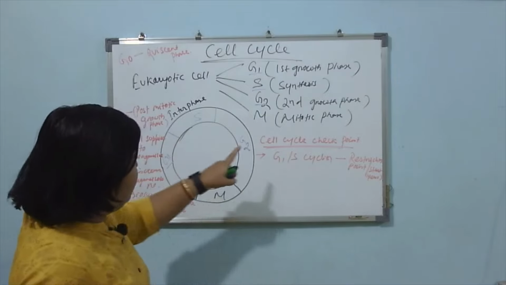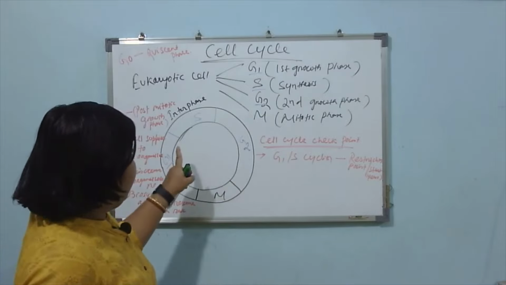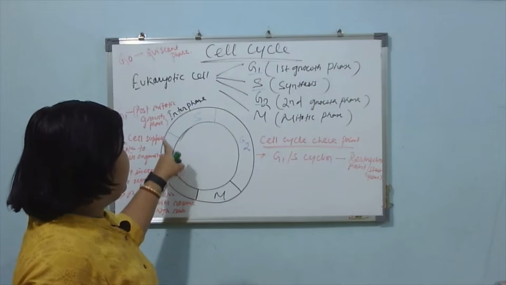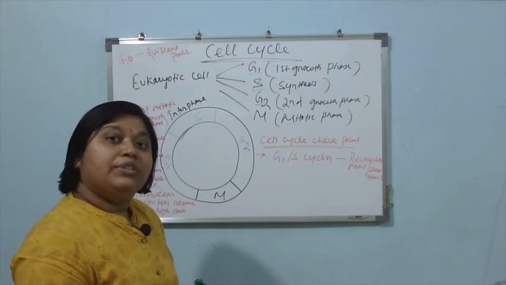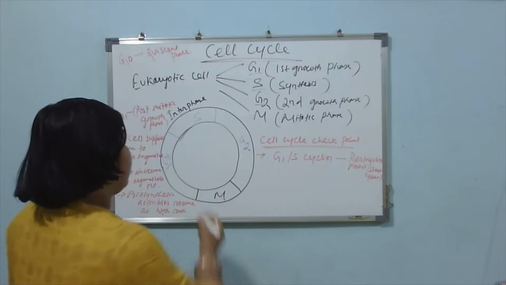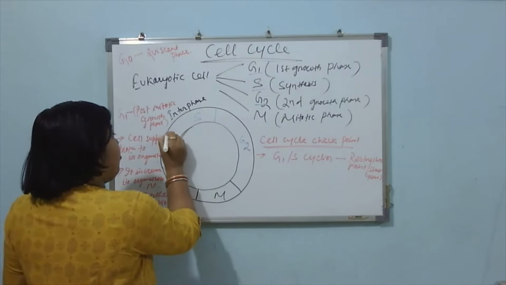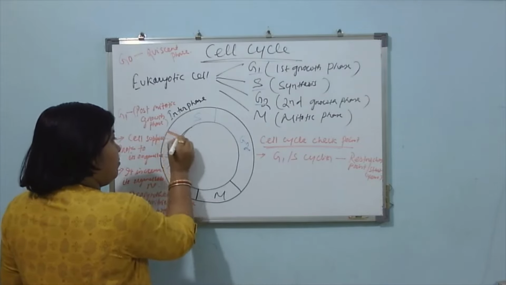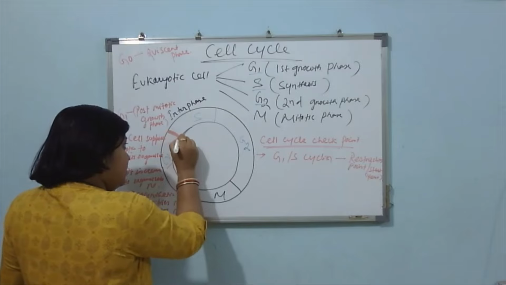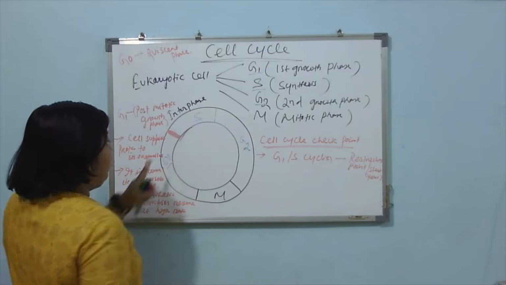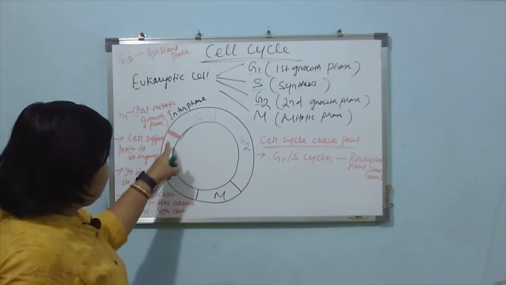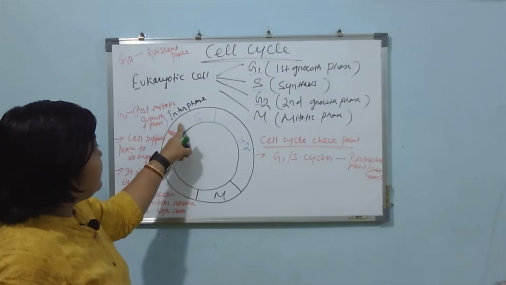This is the transitional point where the cell decides to continue the cell cycle or not.